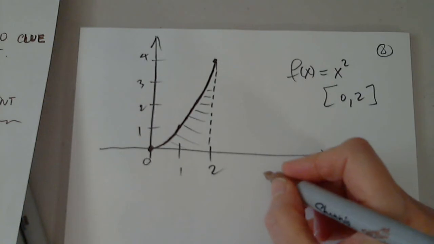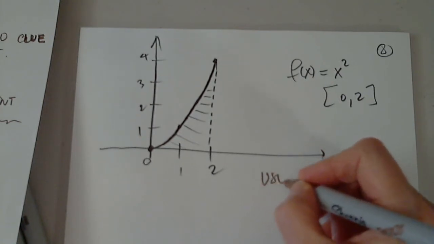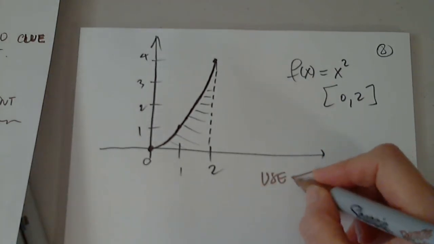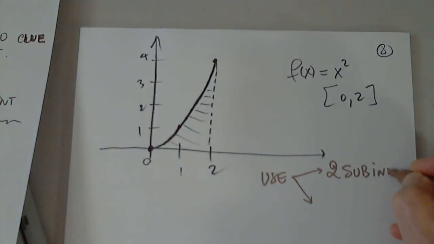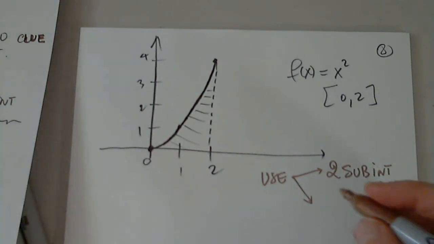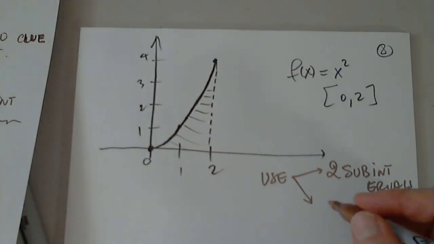Let's suppose we want to use, number one, 2 subintervals. And we want to use the leftmost point.